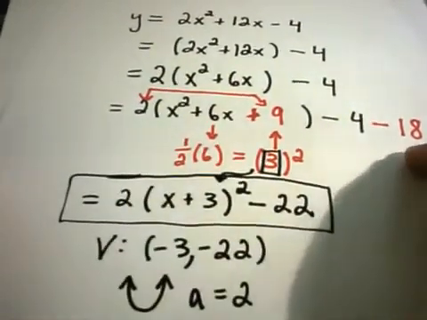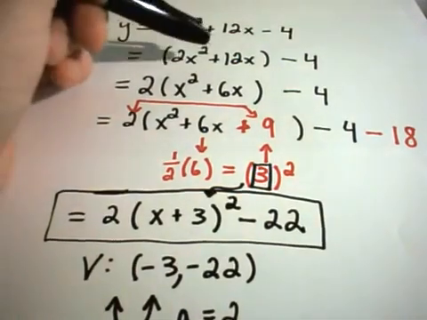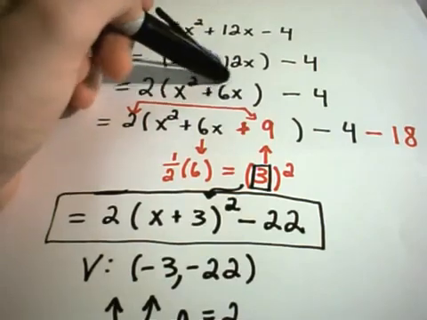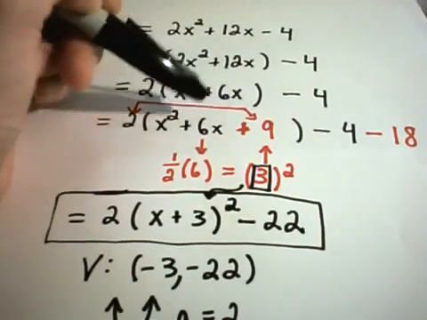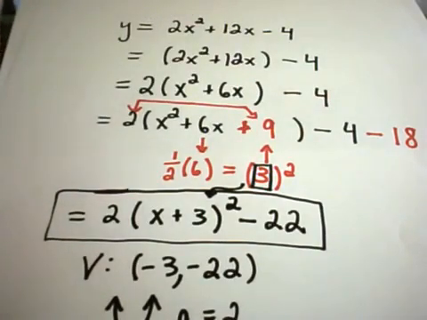Okay, so again, I picked relatively nice numbers in these examples, hopefully to make it clear. If originally we had an 11x, well, when you factor 2 out of 11, you would have 11 over 2, then you'd have to square that, and then things would start getting pretty tedious with fractions.